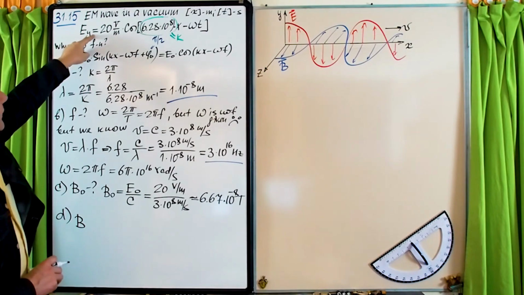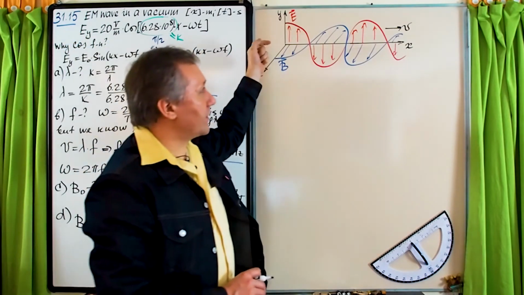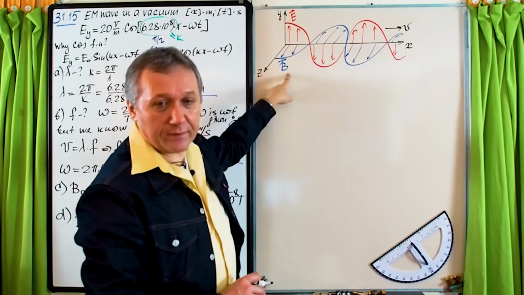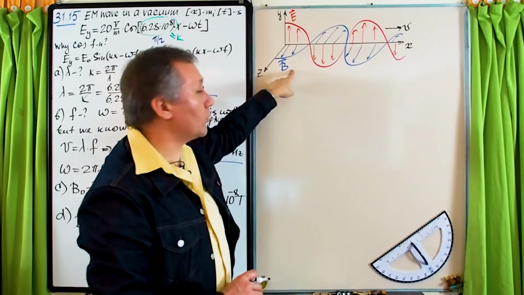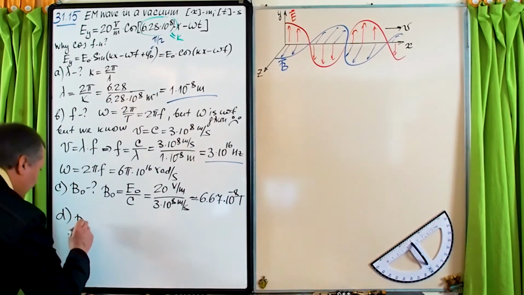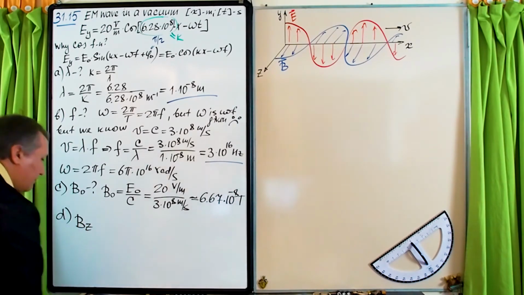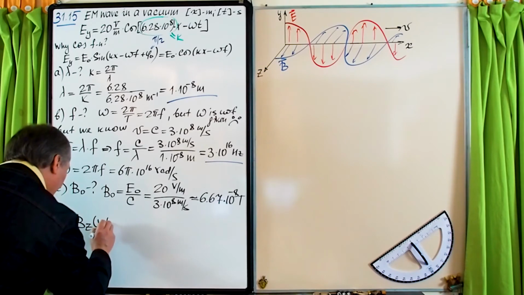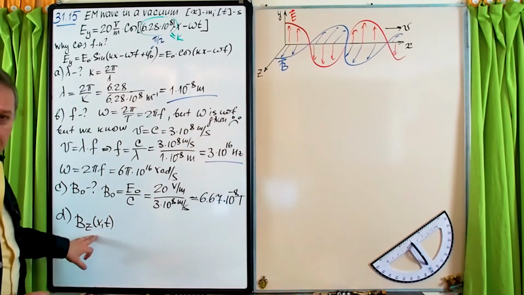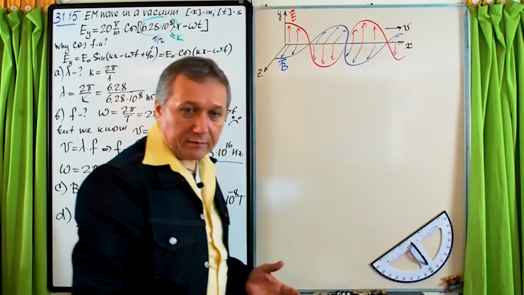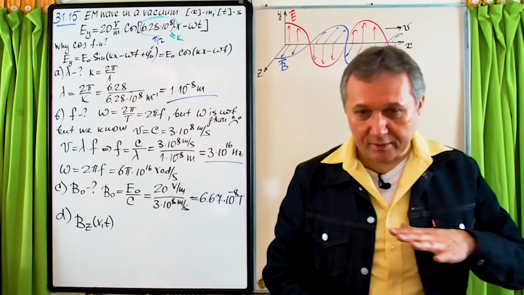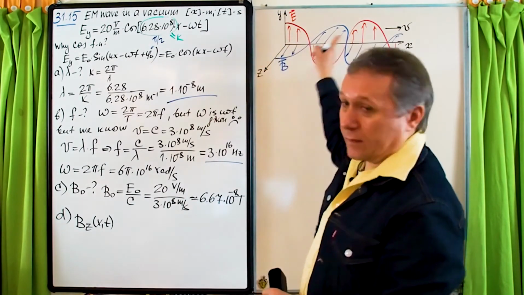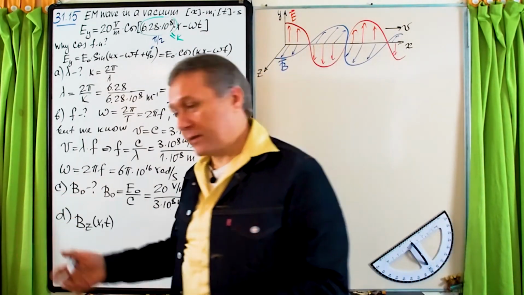So the electric field oscillates in the y direction, direction of propagation x. The magnetic field oscillates in the z direction. So we need to put a subscript z, which is a function, of course, of x and t, because this magnetic field traveling wave also propagates along the x direction, right? So it depends on x and time.